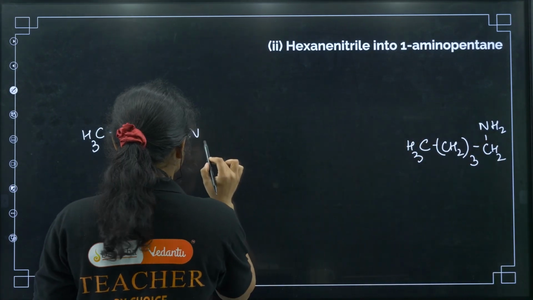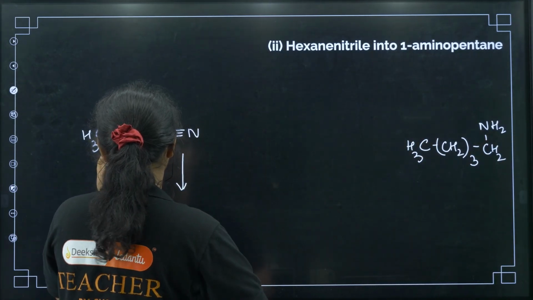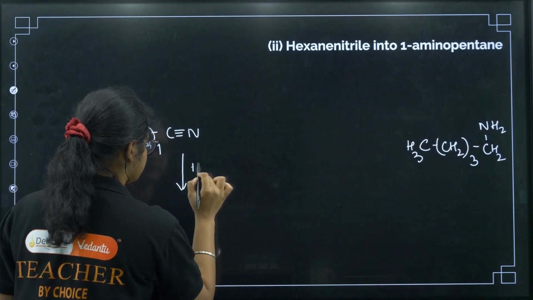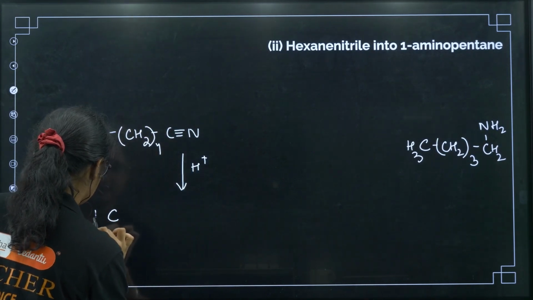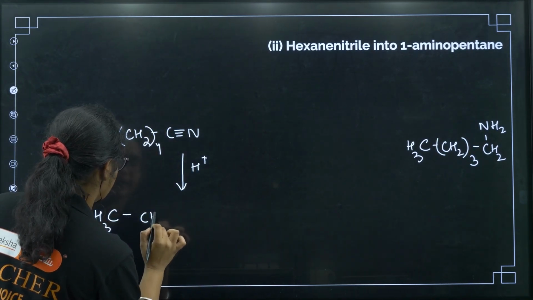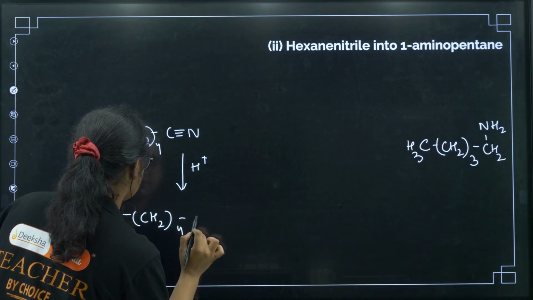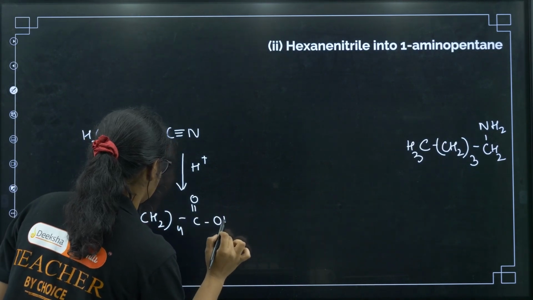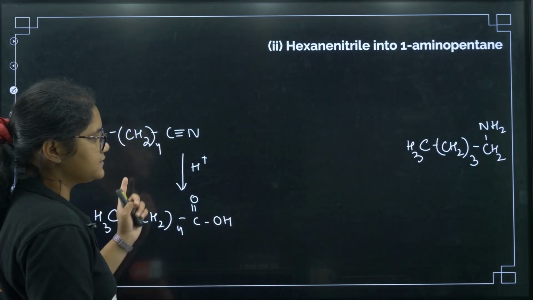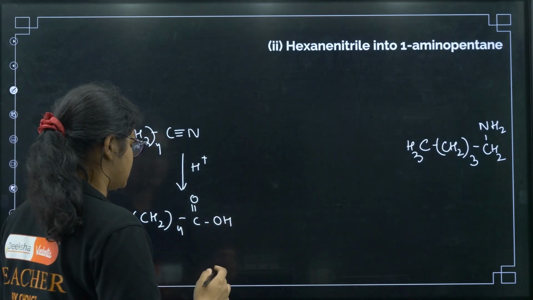Now first what I can do is convert it to acid, simply just use H plus, and we will get CH3, CH2 whole 4, COOH, right? Got this one. So again there is a reduction in the number of carbons, so same thing we will do.